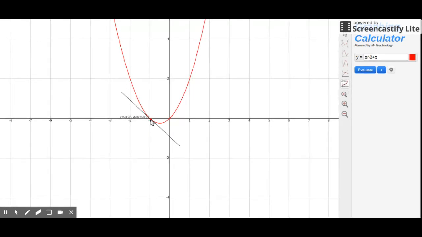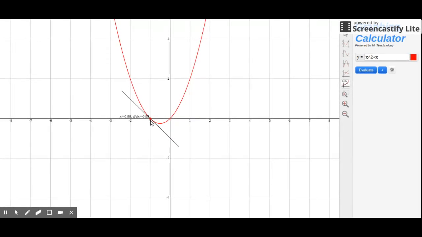As you can see here, here's -1 on the x-axis, and that would be -1, 0, and it looks to me like the slope of this line, it shows it to be 0.98 here, but because I can't get it exact, I'm going to go out on a limb and say that that slope is probably going to be a -1, right?